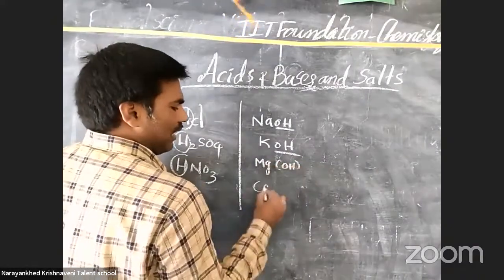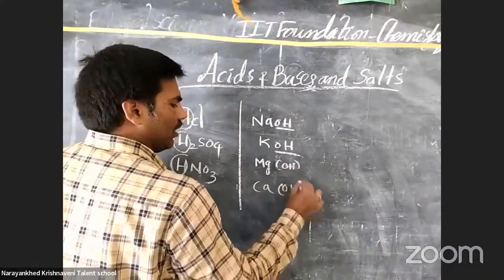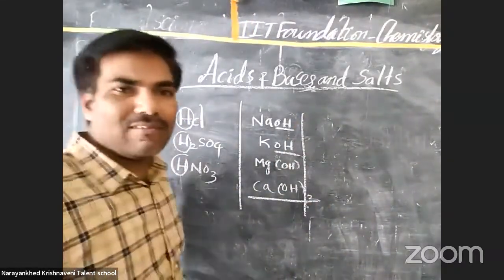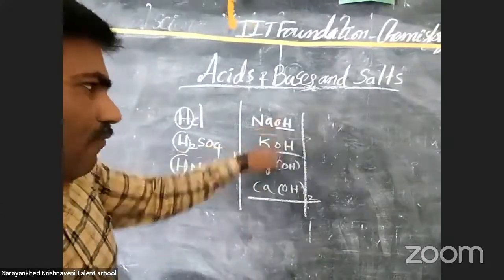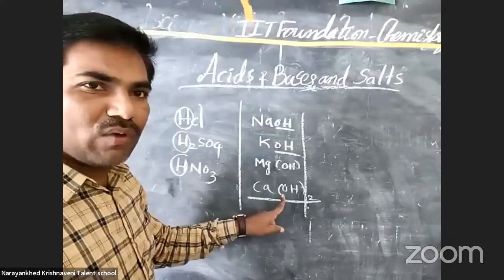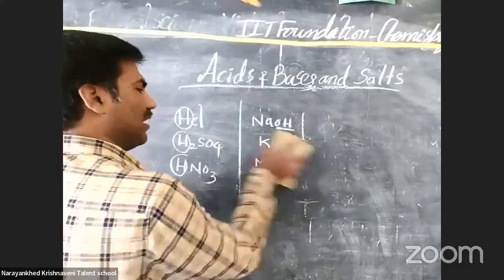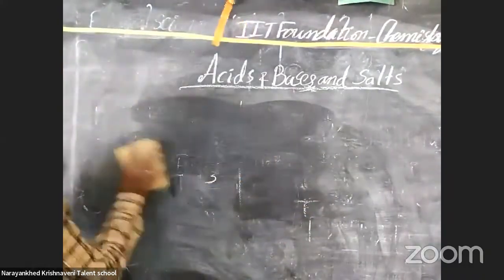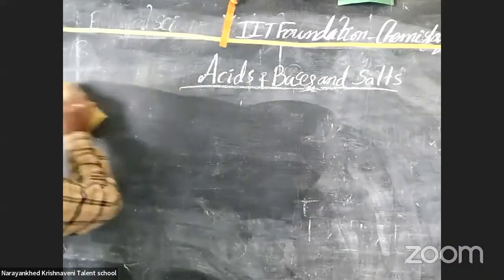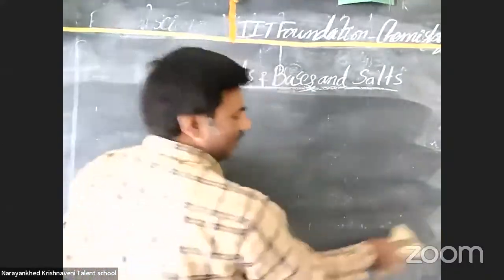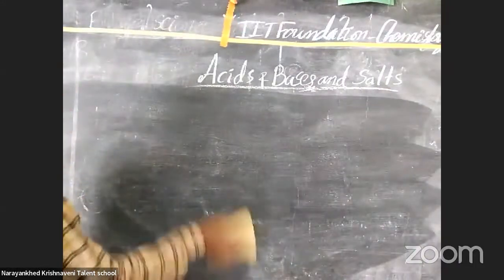These all commonly contain OH. That's why they produce OH minus ions, and when you take an acid, they produce H plus ions. That is one more thing.